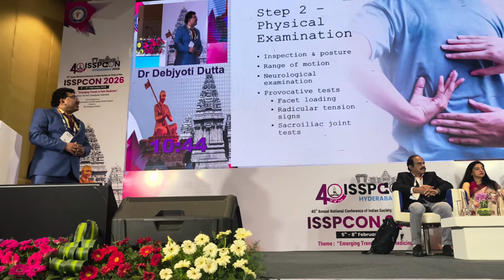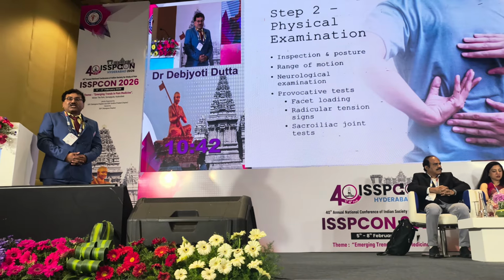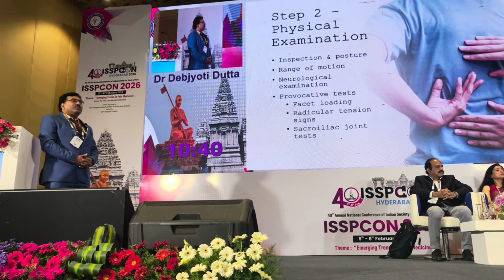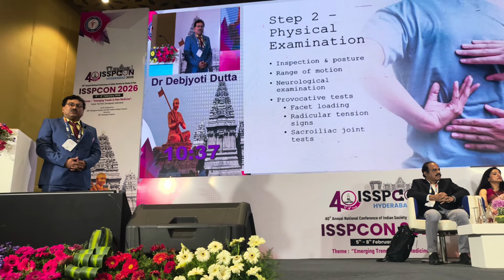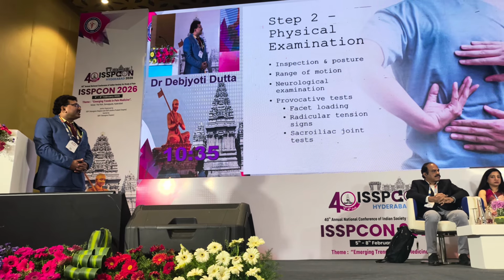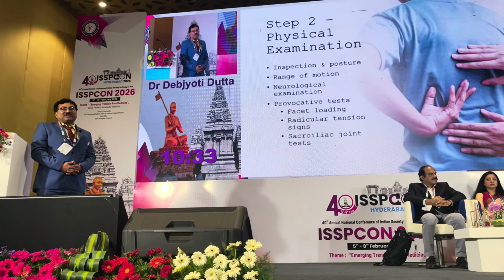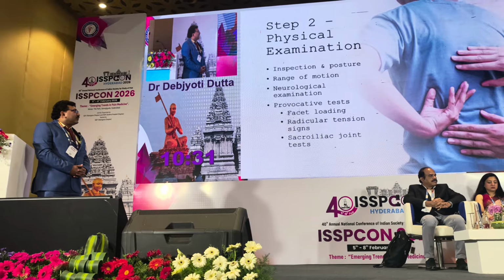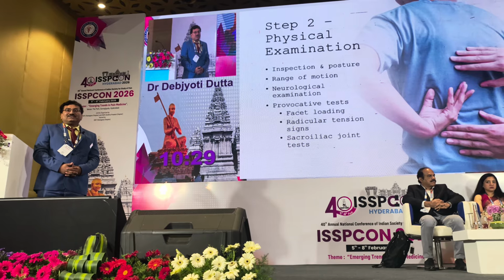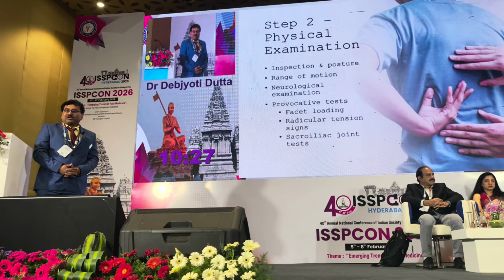On physical examination, there are inspection, posture, range of movement analysis, then we have the full neurological examination, very essential, followed by provocative tests like facet loading, radicular signs, sacroiliac joint test. So we have to perform them one by one.